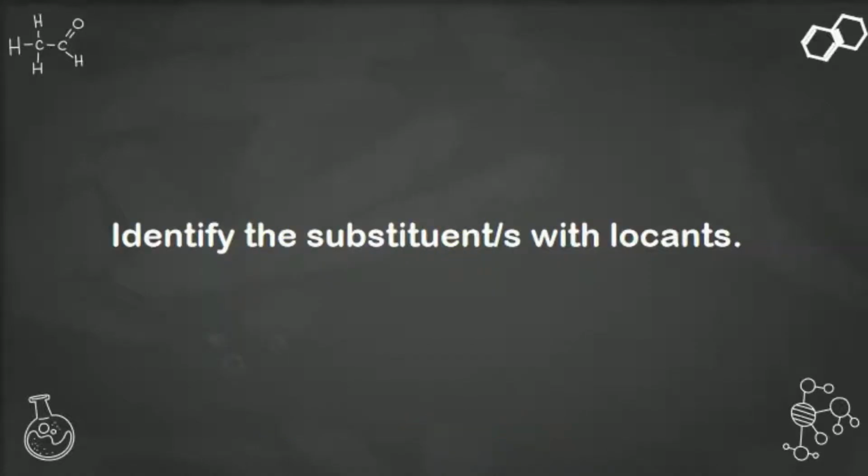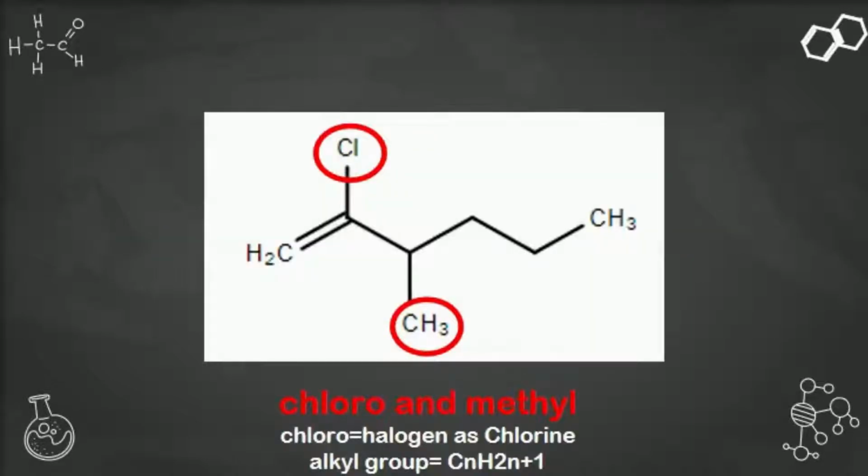Next step, identify the substituent with locant. Substituents are attached to the parent chain, and locants are numbers that define the positions of substituent and double bond. Here we have the substituents, chloro and methyl. Chloro is the halogen form of chlorine.